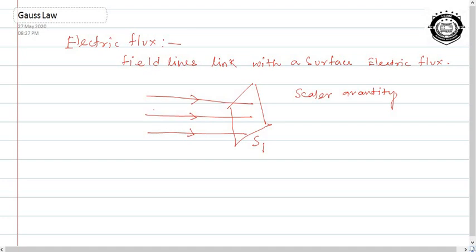Again, today we will discuss what we mean by Gauss law. According to Gauss, he proposed a theorem which is known as what? Gauss theorem.